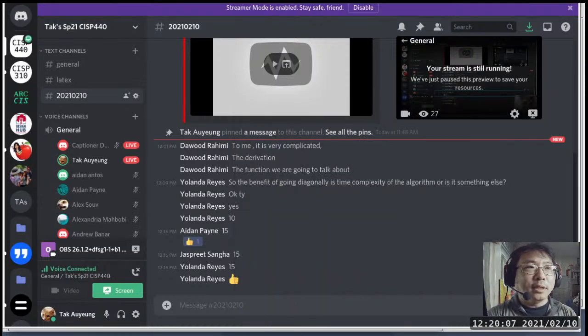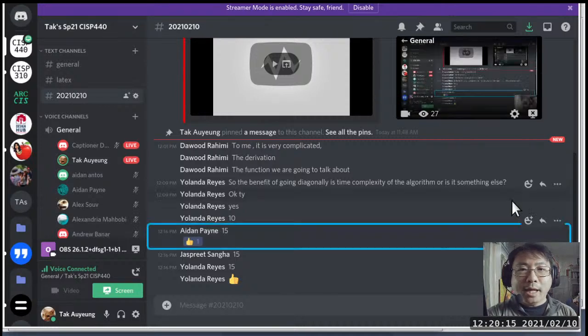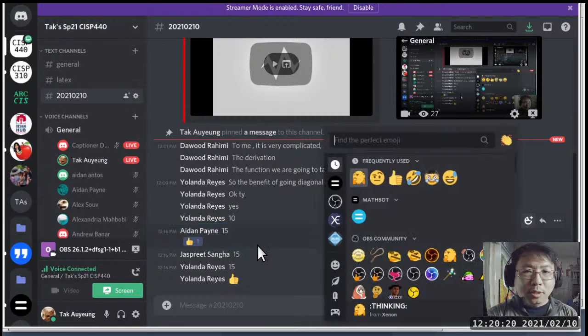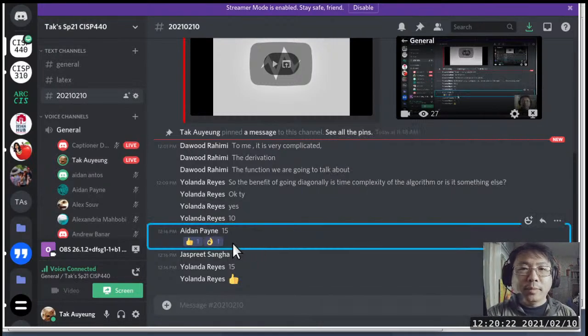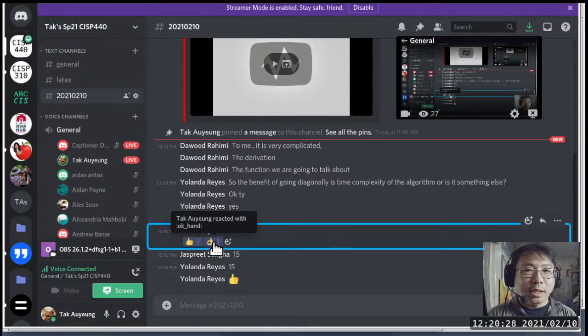So the other thing I can do is associate an abbreviation with adding an OK hand. So if I want to add an OK hand to Aiden's message, I can now just type plus OK, and it will automatically finish the rest because I programmed the macro to finish the spelling of OK underscore hand and then press the enter key. So all I need is to start it, which is plus OK, and I don't even have to press the enter key. It will auto finish the rest of it.